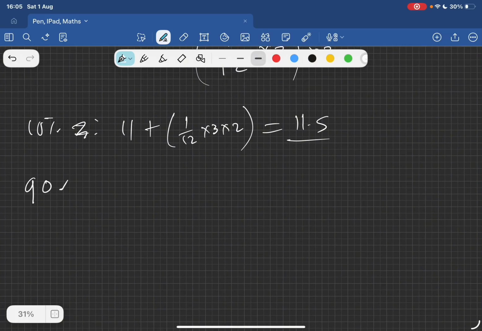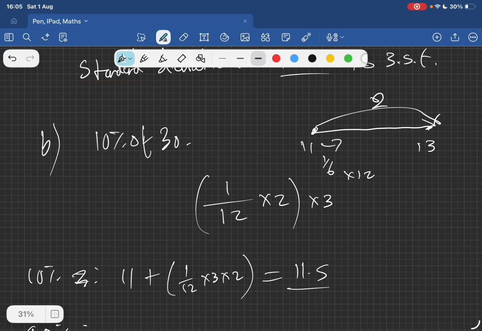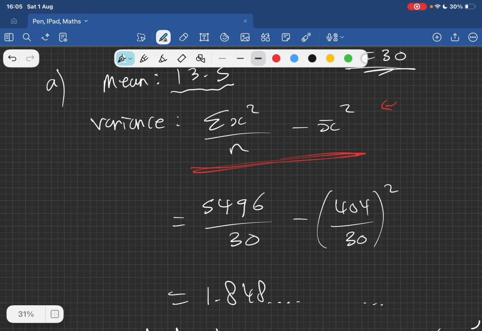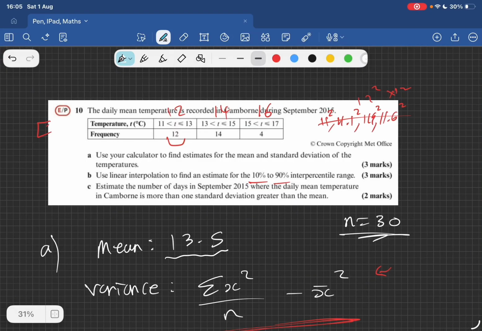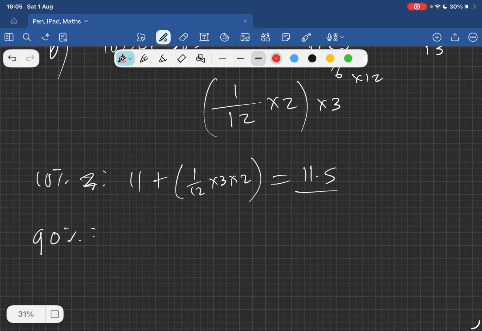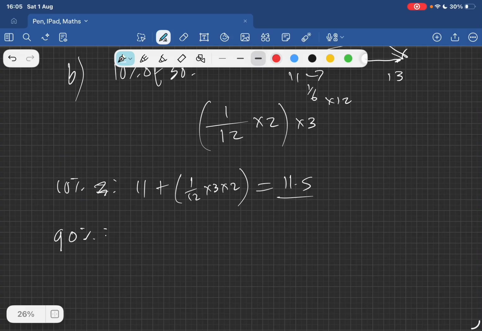Now we need to find 90%, which is going to be the 27th point. So where's our 27th point going to be? Well, this is 26 together, so cumulatively it's going to be in this 15 to 17 range. Let's come down here and write out our 15 to 17 again.